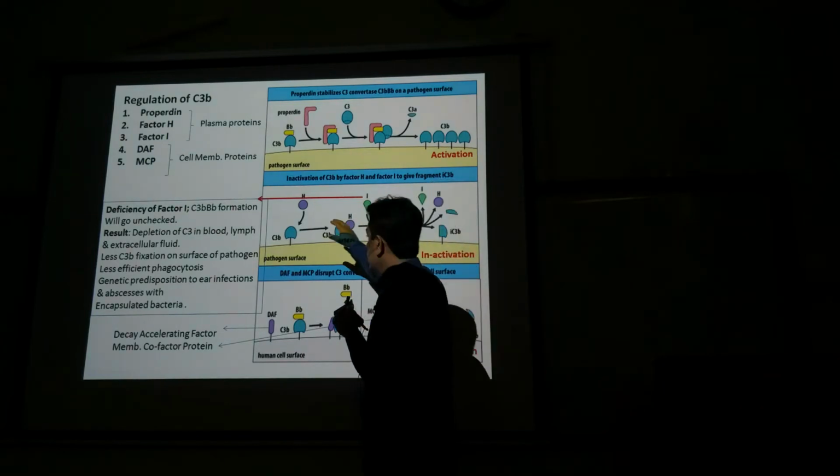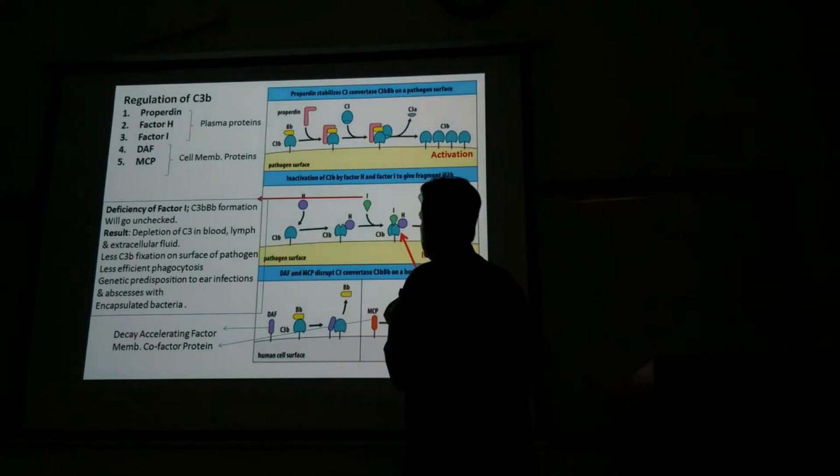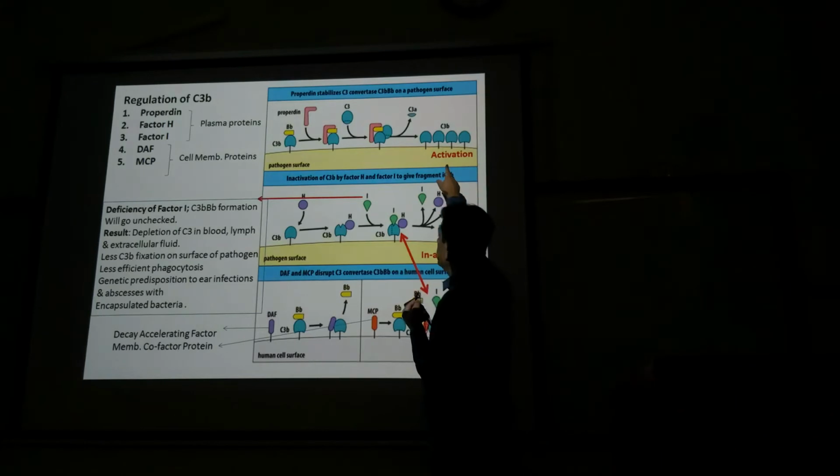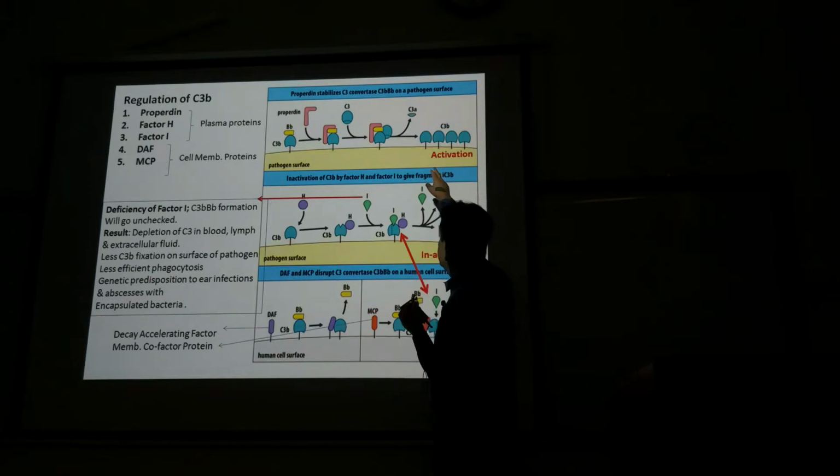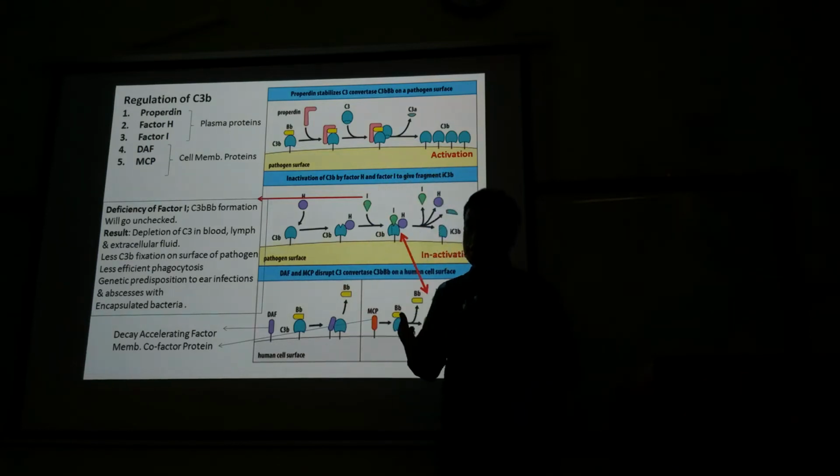Okay, this is C3b, the same C3b as has been fixed here on the surface of the pathogen. And this C3b has choices.